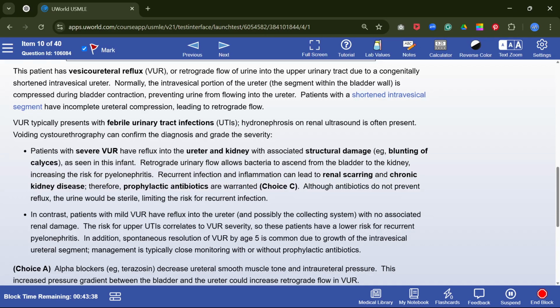In addition, spontaneous resolution of the VUR by age 5 is common due to growth of the intravesical ureteral segment. Management is typically close monitoring with or without prophylactic antibiotics.